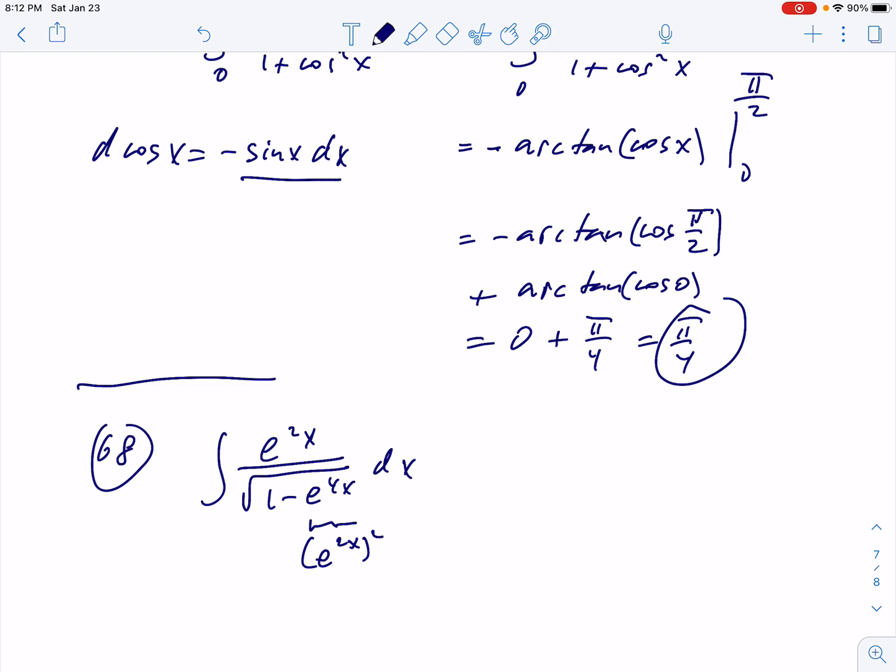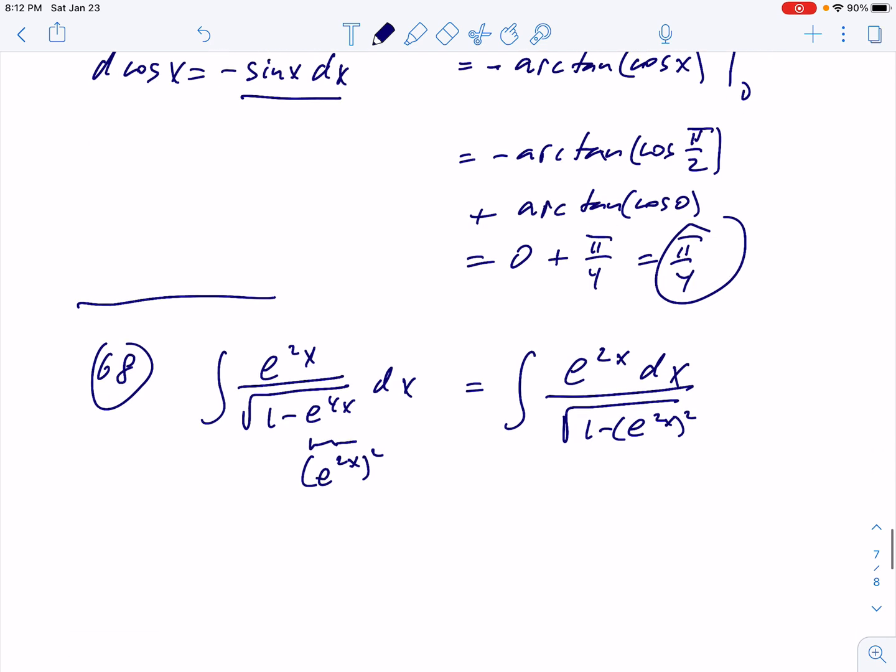However, I prefer to go with the shortcut. I shall go like this. First, I'm writing this is the same exponential 2x dx, and here I'm organizing 1 minus exponential 2x squared. So I shall regard exponential 2x as variable. Now I want to bring it behind d.